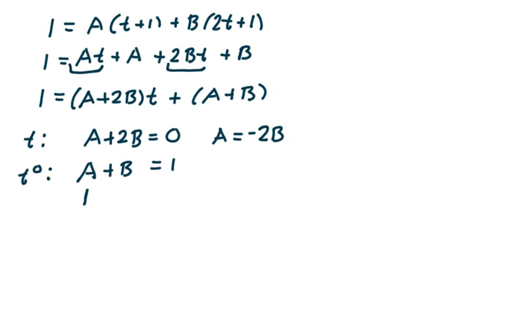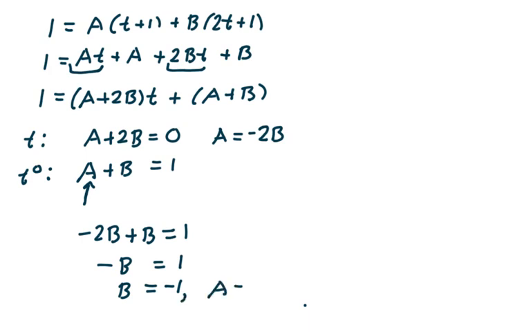So I can come down to the second equation and replace A with negative 2B. So negative 2B plus B equals 1. Negative B equals 1, so B is negative 1. And if B is negative 1, A is negative 2 times negative 1, which is equal to 2. I just replace B with negative 1 up here.